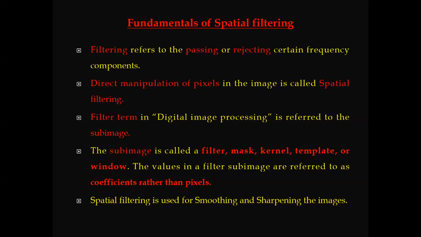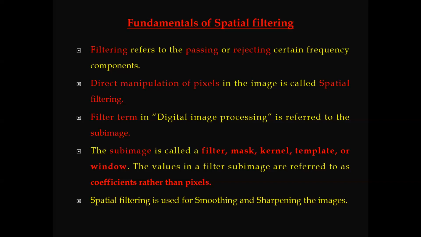The term filter in digital image processing refers to a sub-image. So generally, how will we make a filter in the images? In general, a filter is a sub-image through which we will pass our image. So how do we prepare this filter?